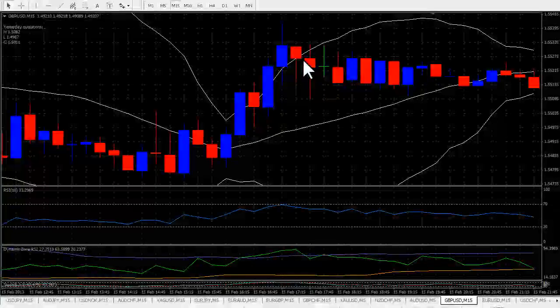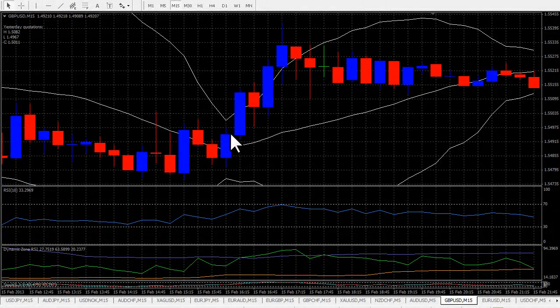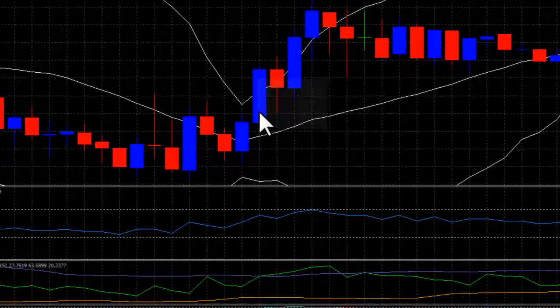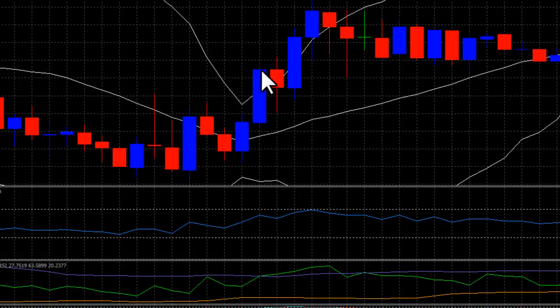Let's look at this other example in a bullish trend. As you can see, this candle crosses the Bollinger Band. If we go down here we can see that it has not crossed the RSI, so even though it has worked out, it is not a signal candle.